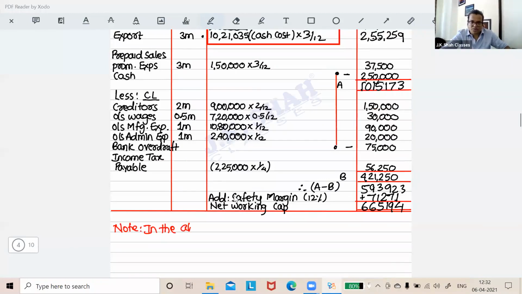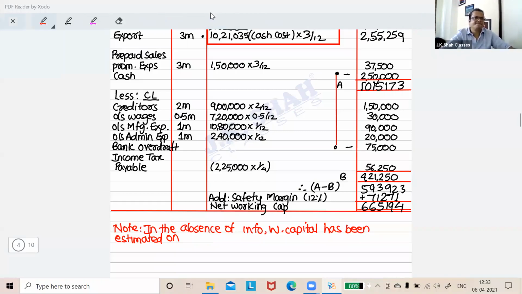In the solution, working capital has been estimated on cash cost basis.